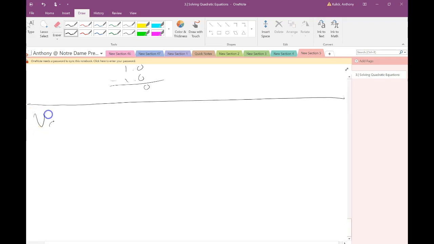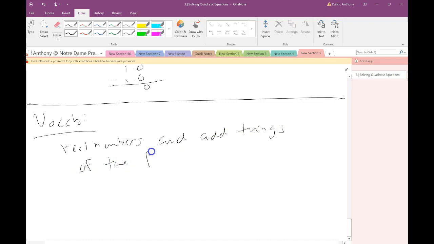So we say that you take the real numbers and add the things of the form a plus bi, that's an i. We call this set the complex numbers.